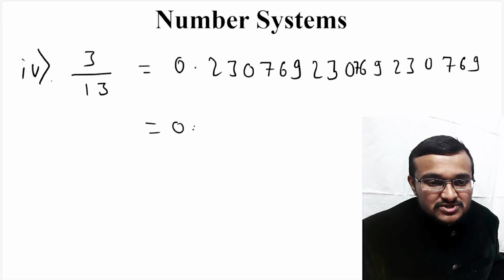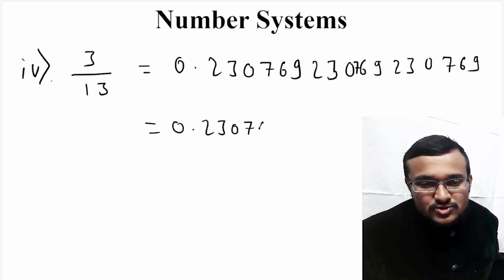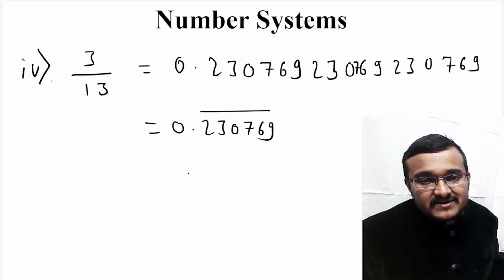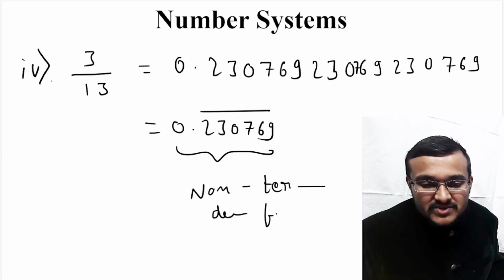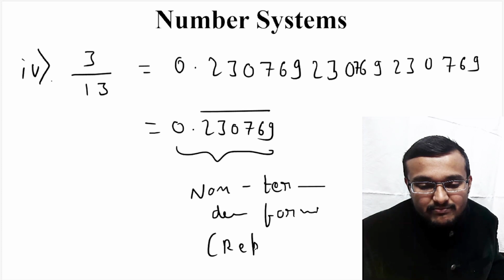So that means 0.230769 is recurring. So this is also non-terminating decimal form and this has a repeating pattern.